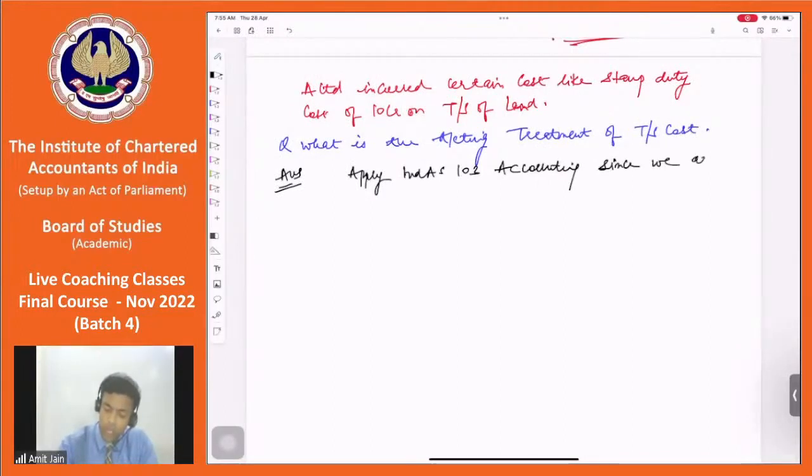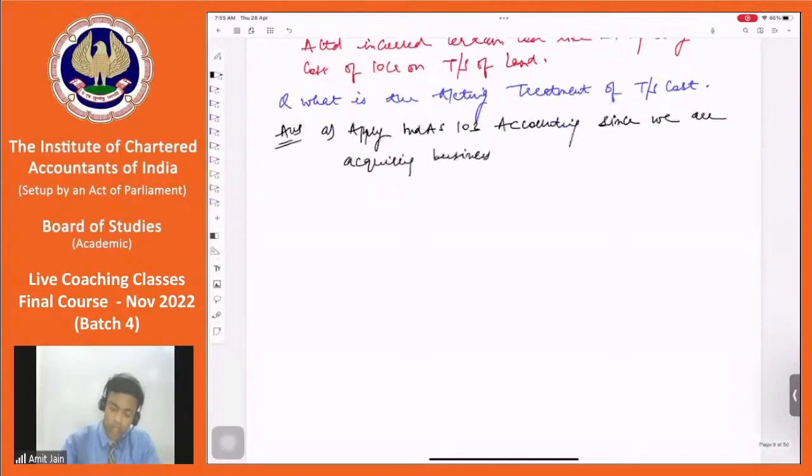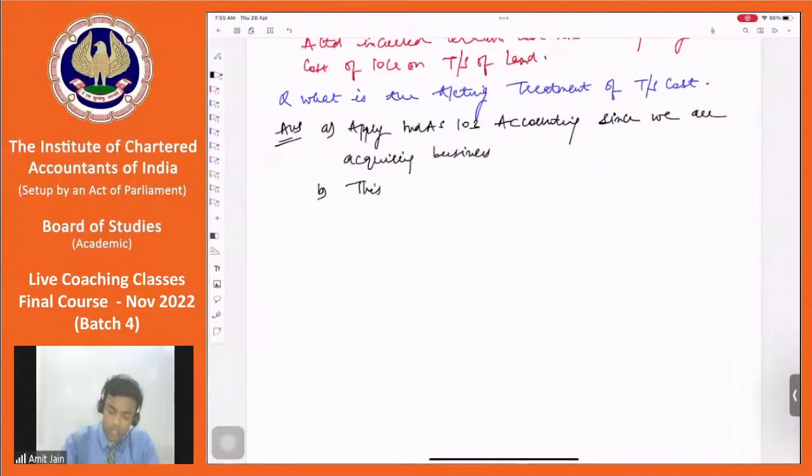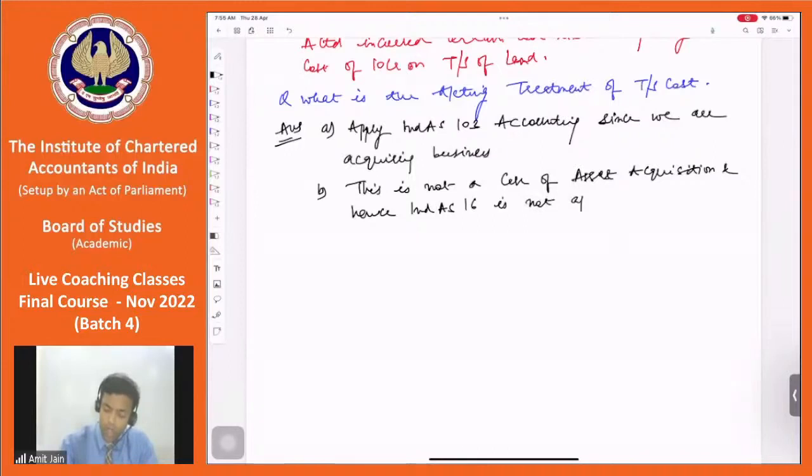Since we are acquiring a business, this is not a case of asset acquisition, and hence Ind AS 16 is not applicable.